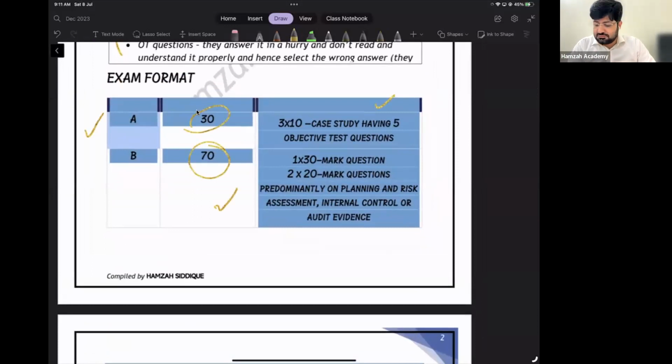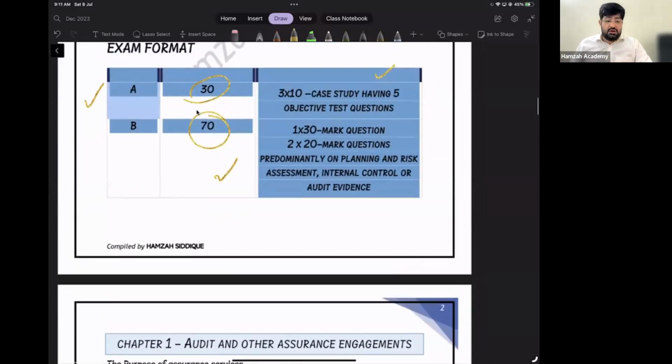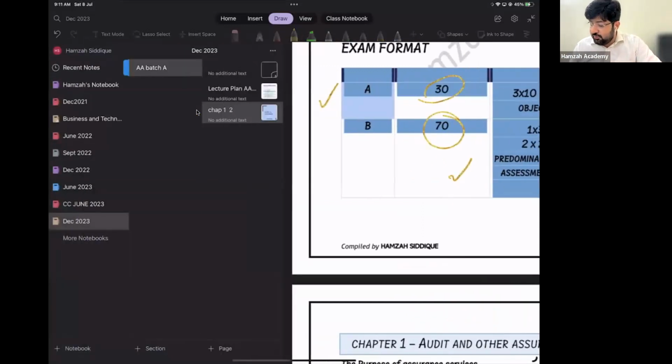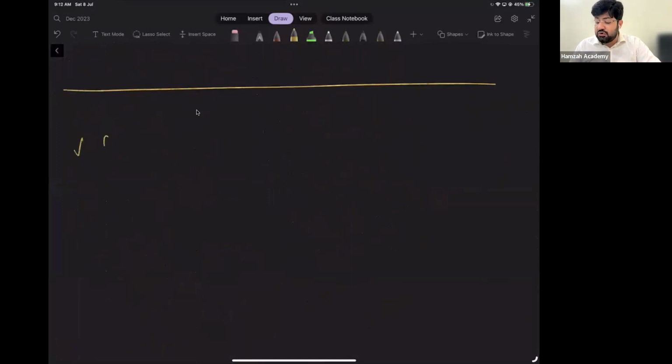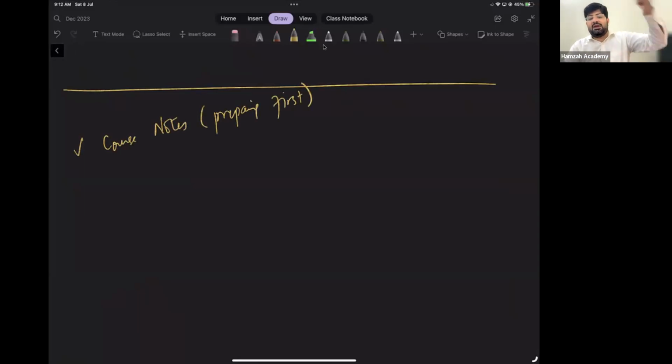Now, students, how will we be studying and what will be the resources I'll be providing you? First of all, I will be providing my own course notes, and you will be preparing these notes first. And then we will be doing, of course, practice questions.